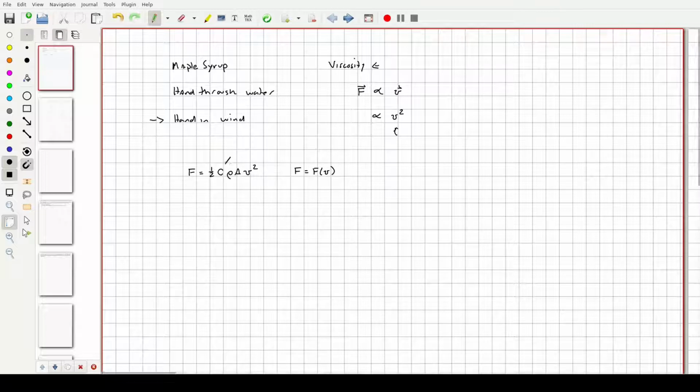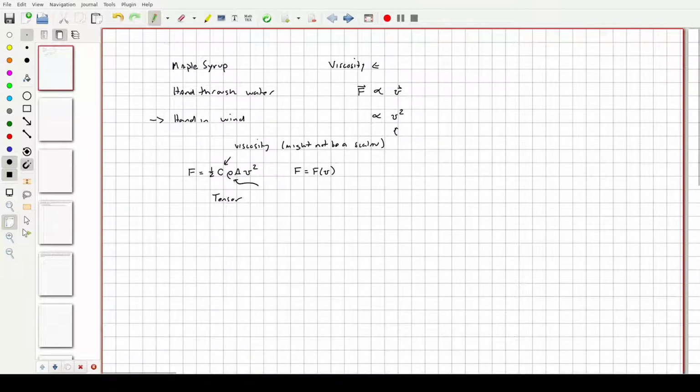Now, the C contains important information about the fluid, specifically its properties with respect to viscosity. And it may not be a constant, it may not be a scalar. For example, in my experience, when I dealt with viscous flow in complicated stuff like plasmas, this was actually what's called a tensor. Okay, so it can be complicated. It's an incredibly complicated subject.